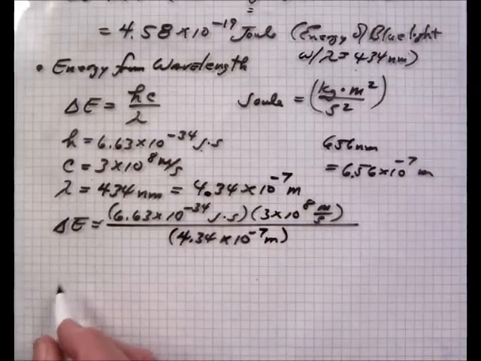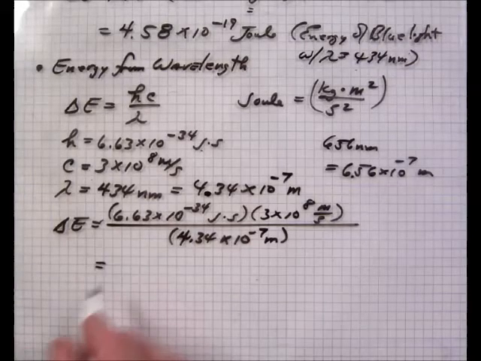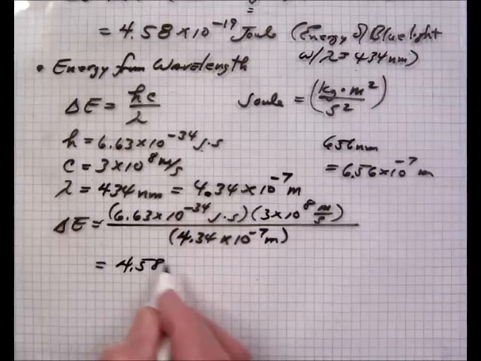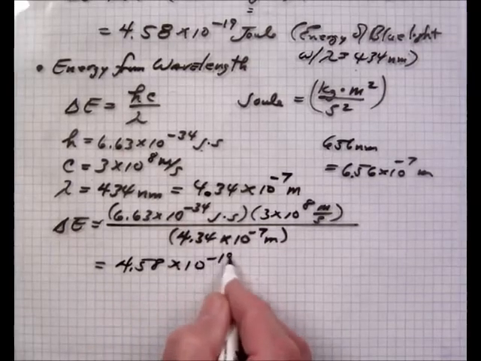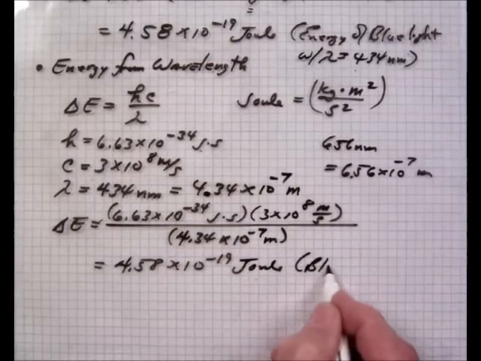And that will give you the same energy number that we got a while ago, 4.58 times 10 to the minus 19 joule. And that's the blue light.